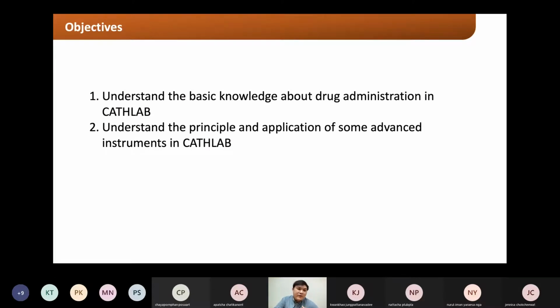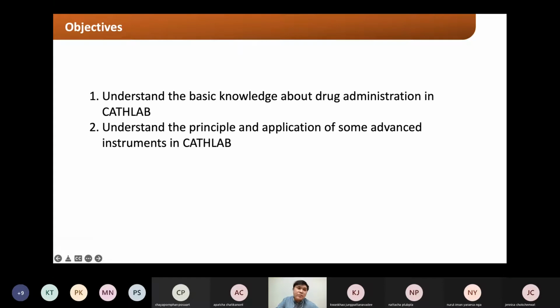The objective of this topic, topic 5 from 9 topics, so this is the halfway point of the lecturing session. The purpose of this topic is for you to understand the basic knowledge about drug mechanisms and some kinds of administration in the cath lab.